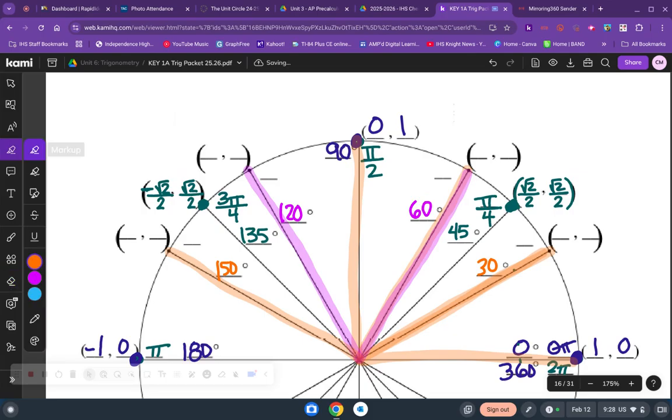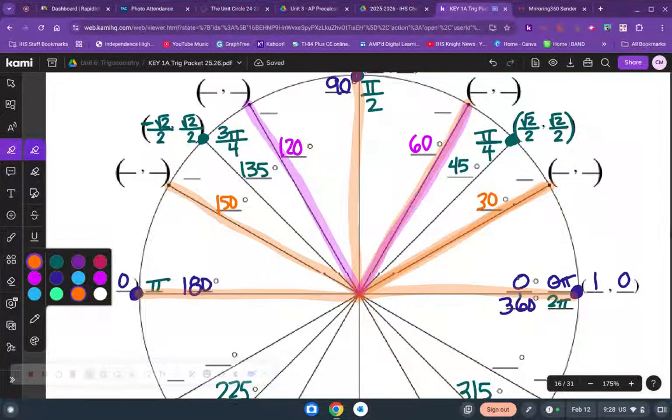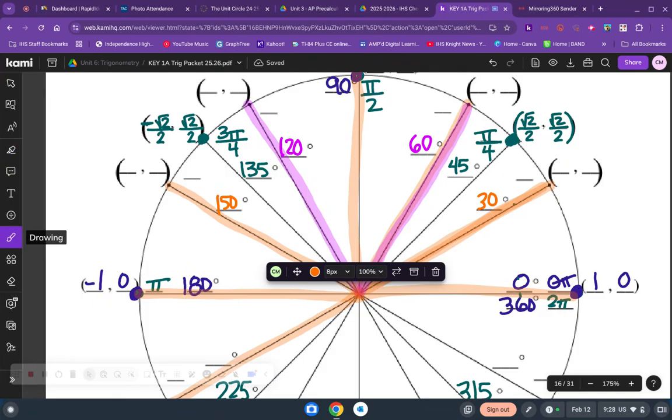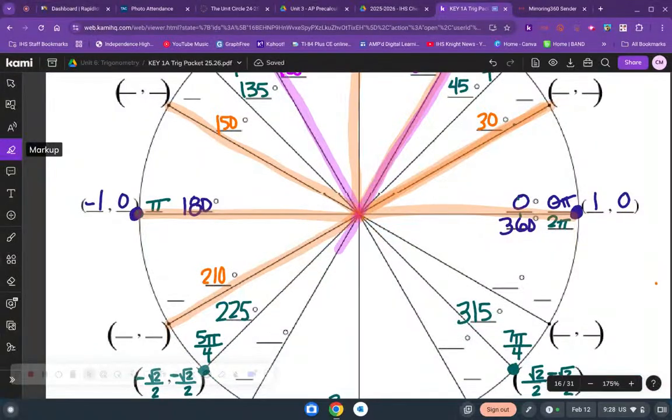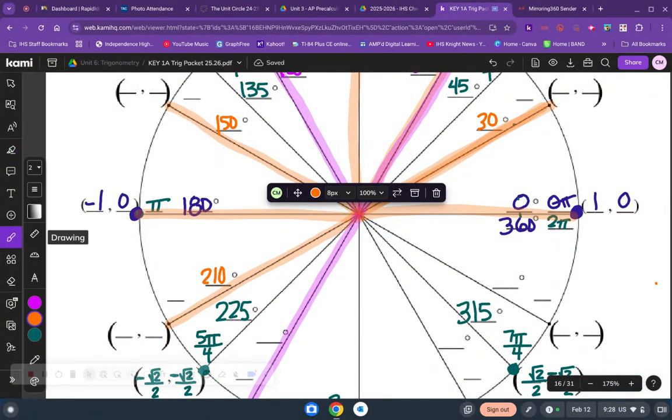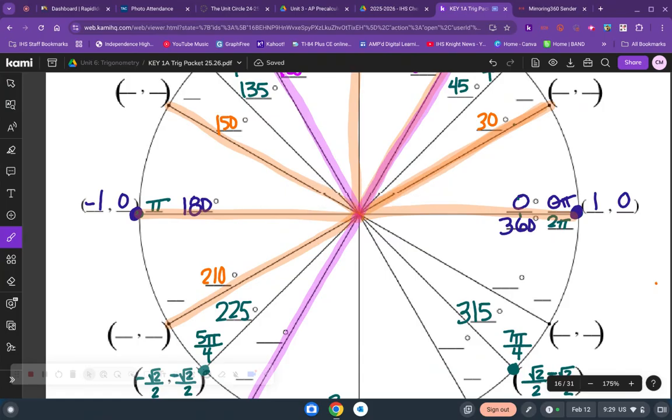If I add 30 to that, I should be at 180. Okay, keep going. Add 30 more. Add 30 to 180. 210 degrees. Add 30 more. I'm at 240 degrees.